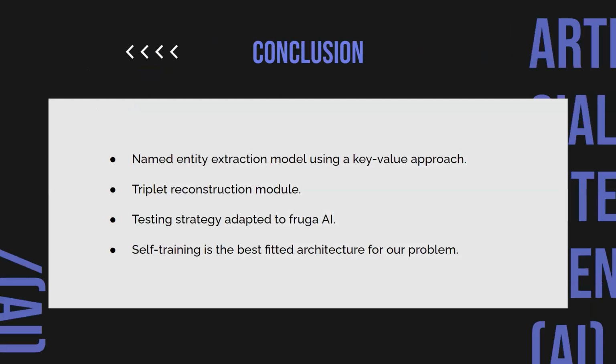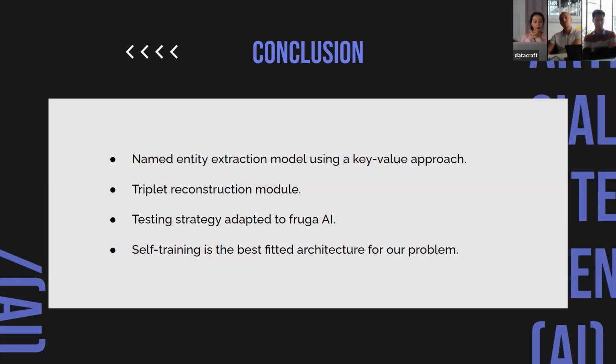So as a conclusion, we have presented a named entity recognition model applied on species descriptions by using a key-value approach, where we have chosen classes that contain names of organs and classes that contain names of descriptors. And then we proposed a triplet reconstruction module that is based on those classes.